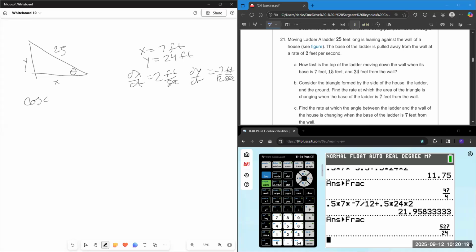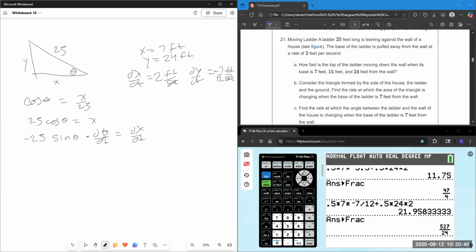So cosine of theta is x over 25. 25 cosine theta is equal to x. So -25 sine theta times d theta/dt is equal to dx/dt.